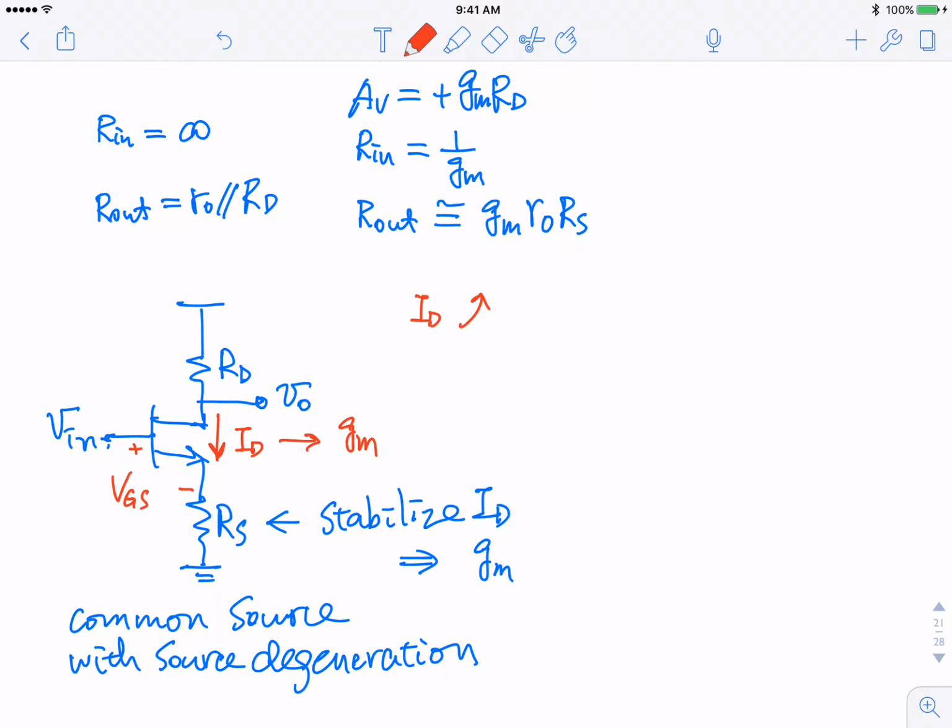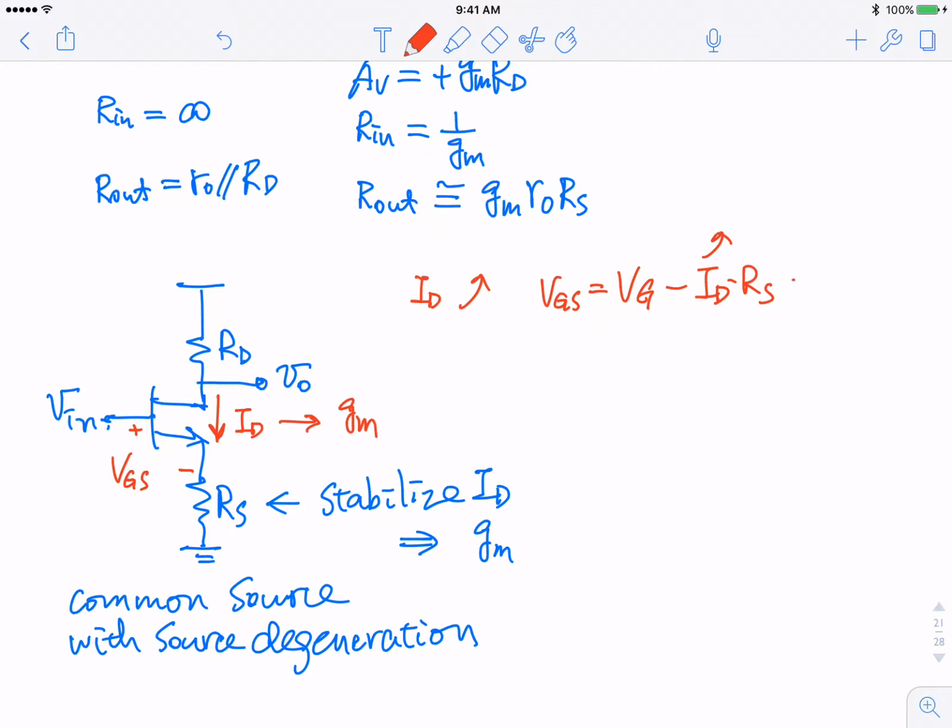As ID increases, now VGS, which is equal to VG minus ID times RS, will decrease, because ID increased.